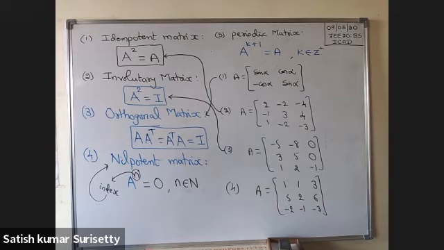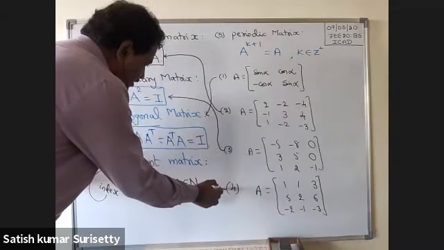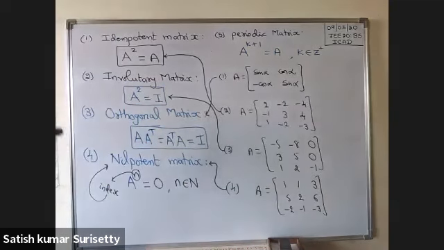Anybody calculated A cube? Check. A cube should be the zero matrix. You should get it. It is a nilpotent matrix.